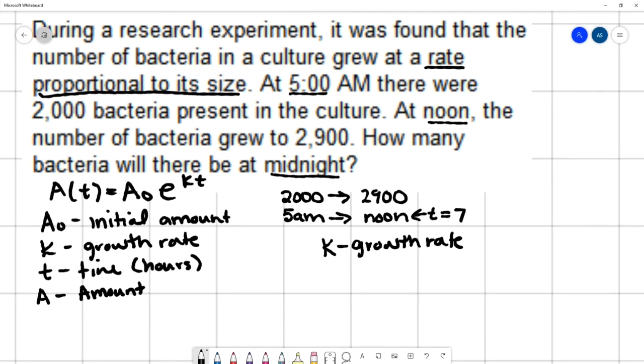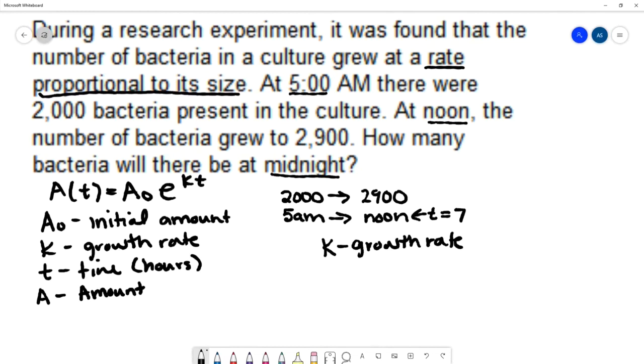So let's plug the information into the formula and solve for the growth rate. So our formula is A of t equals A naught e to the kt. So A naught is our starting population, that's the 2,000.